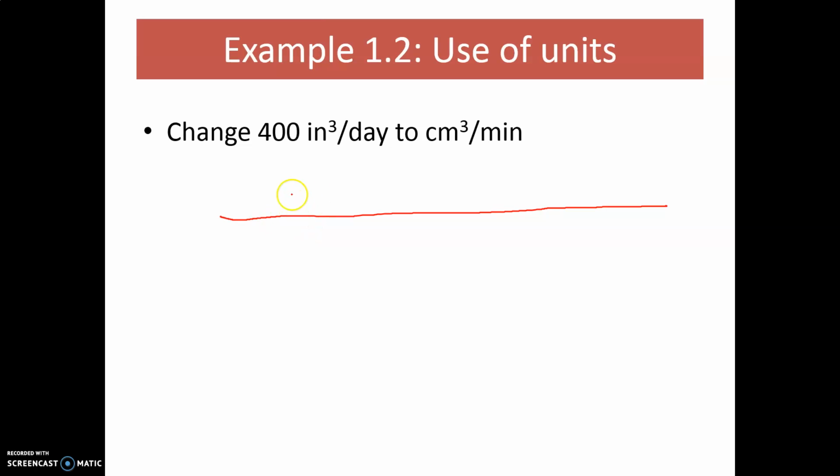So we are going to start by writing down that 400 inch power 3 and day. And then the other section, we are going to convert 1 inch to centimeter.